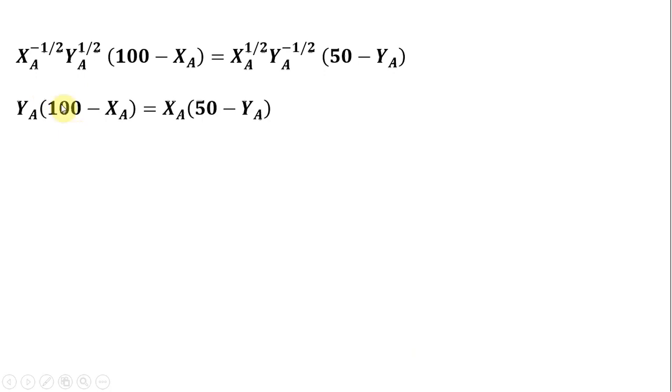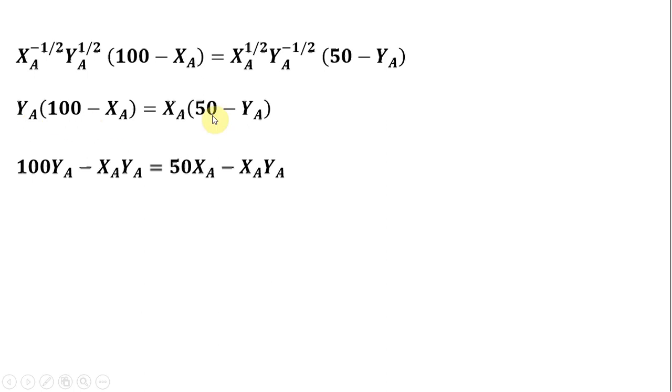And so the next step here is I divided everything through by X subscript A to the minus 1/2 power. Doing that, the right-hand side will just get X subscript A. And then finally, I took this Y subscript A raised to the minus 1/2 power, and I divided everything through by that term, giving us just Y subscript A on the left-hand side.